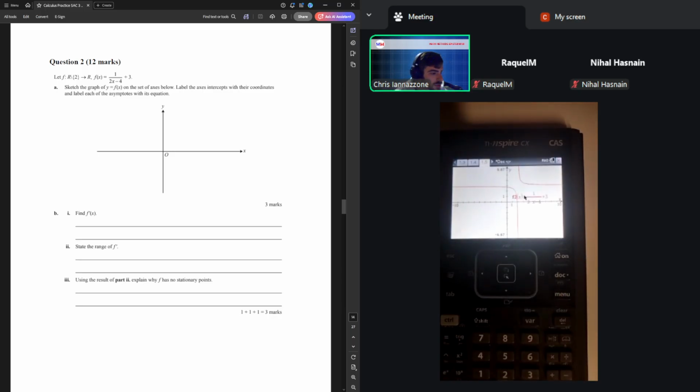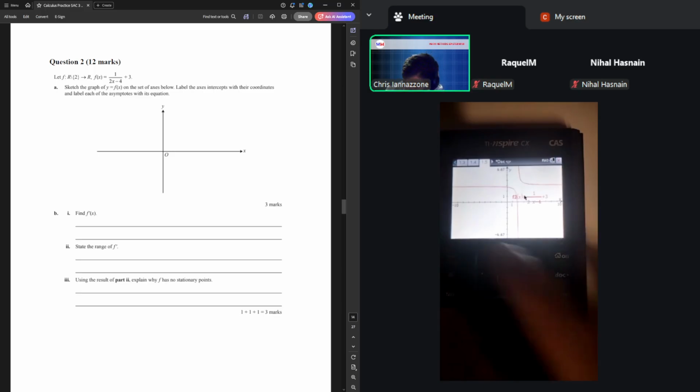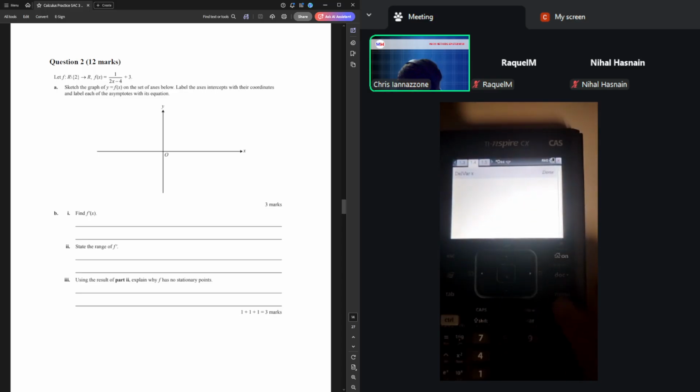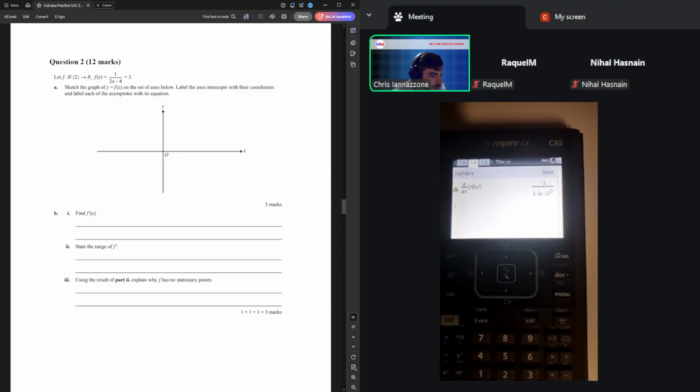Alrighty, here's our hyperbola. First up, find f dash. That's a one-liner. Done. Range of f dash. That's where we're going to start running into maybe more challenging parts, even though this is just a truncus. What's our range going to be?